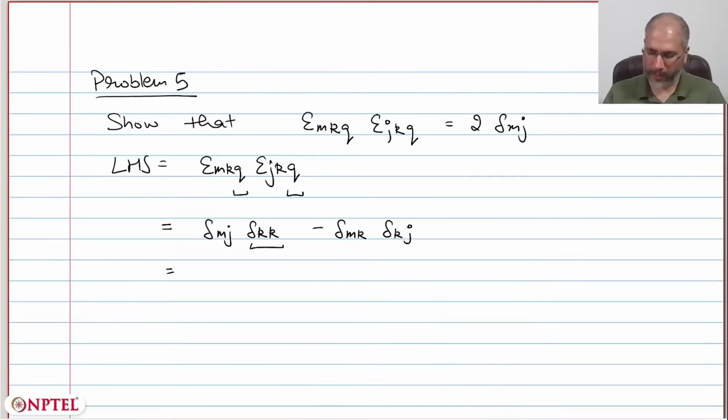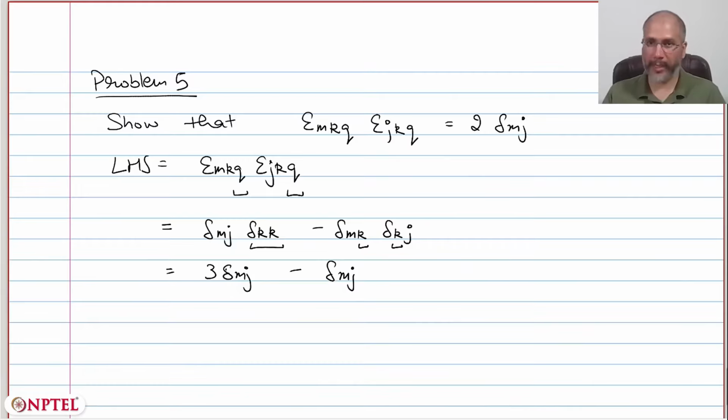Okay, so delta kk is a 3, so this becomes 3 times delta mj, and then you have a common index in these two deltas, so any of these can be substituted. So I'll substitute the second delta here, so this becomes delta mj.